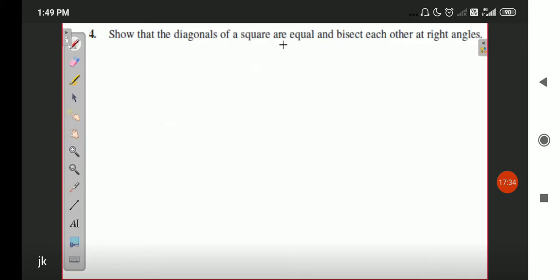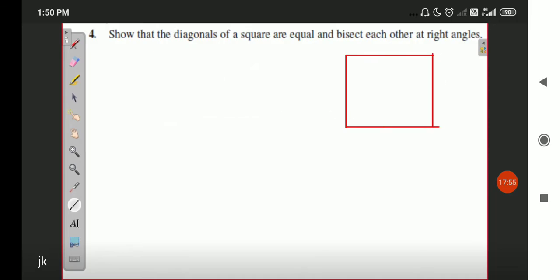Question number 4 is, show that the diagonals of a square are equal and bisect each other at right angle. This time we have to draw a square. Square is all the sides equal, all the interior angles right angles.